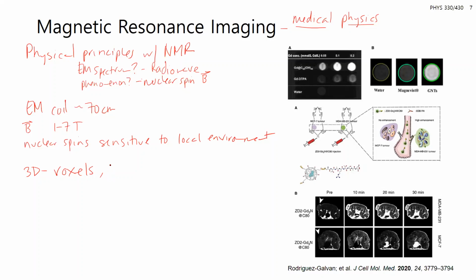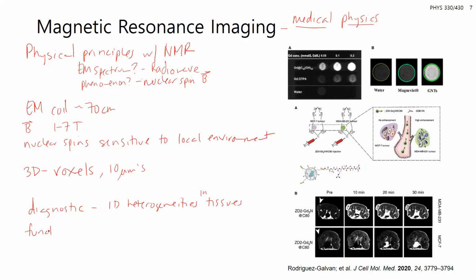The resolutions in MRI are typically around tens of microns, but depending on if you're using some advanced technology, you can push those limits. And MRI, as Rose mentioned, can be used for diagnostics, where you're trying to identify the heterogeneities of the variety of signals that you're getting in tissues.